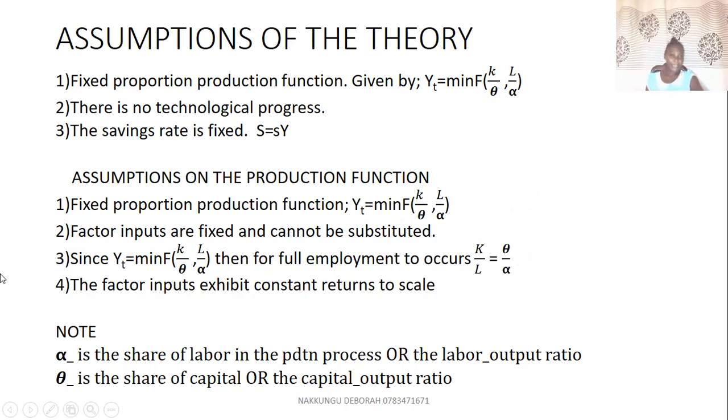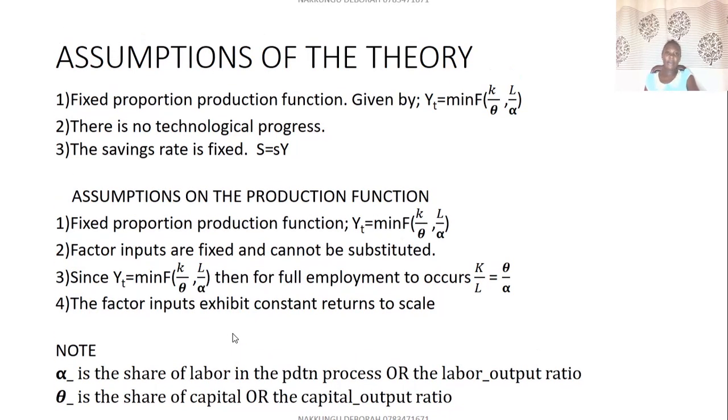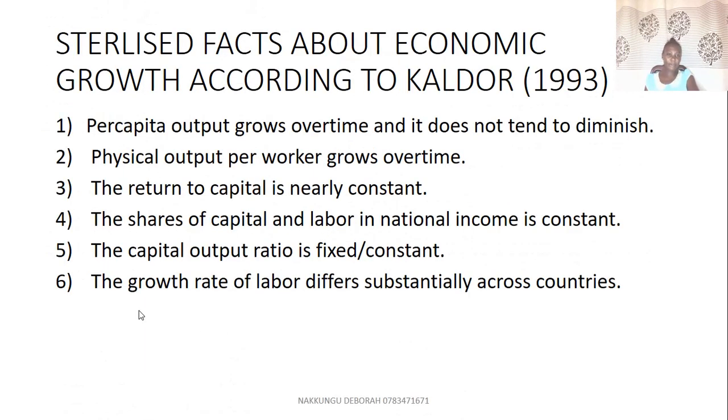And the fourth assumption is that the factor inputs exhibit constant returns to scale. Since we said, from the stylized facts about economic growth, that the shares of capital and labor in national income are constant.